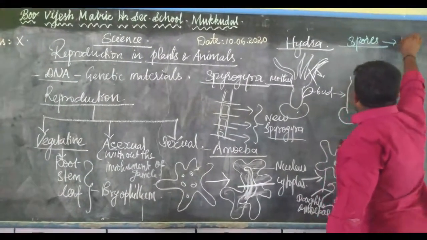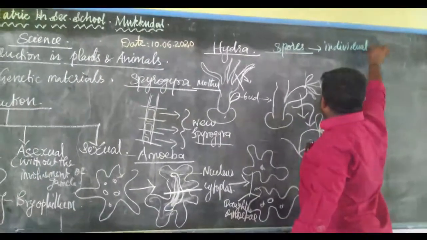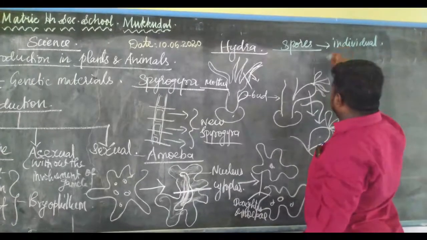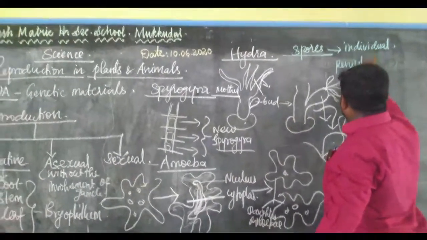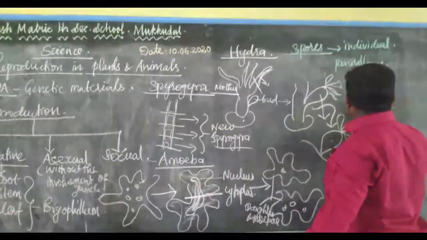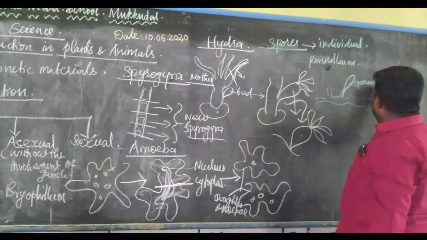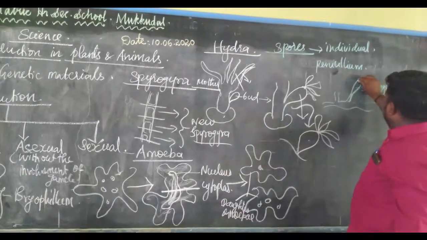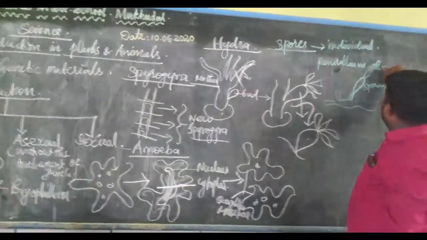Okay. Here the spores produce an individual organism. For example, penicillium. First it will produce the hyphae, then the sporangium, and the sporangium produces the sporangiospores.